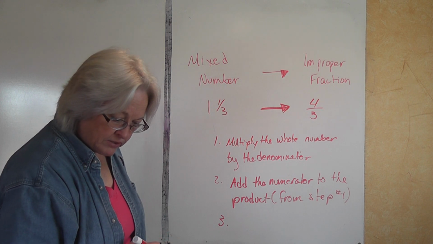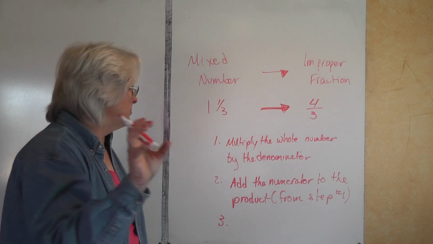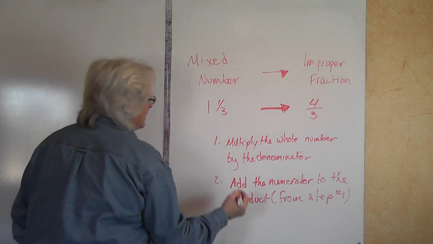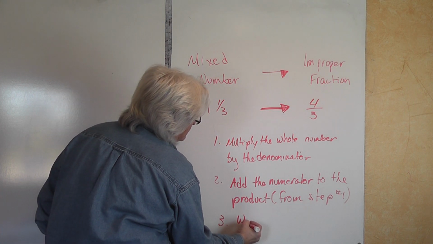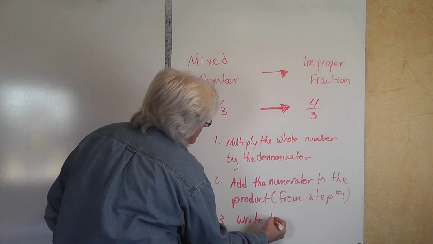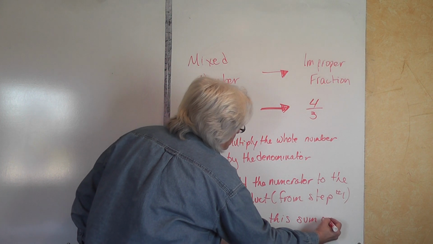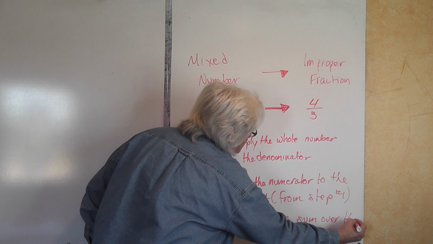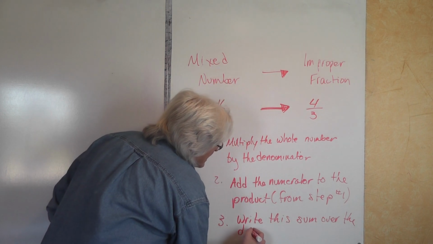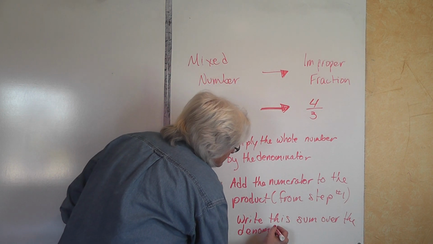And then we're going to write that sum over the denominator. Write this sum over the denominator of that improper fraction.